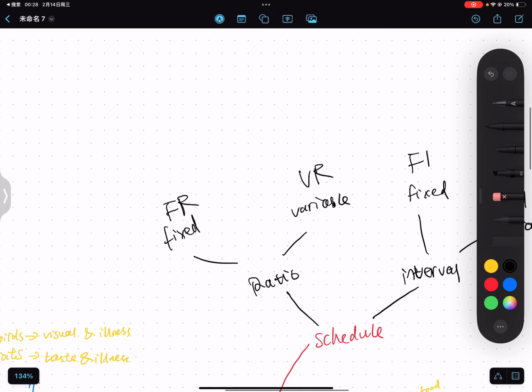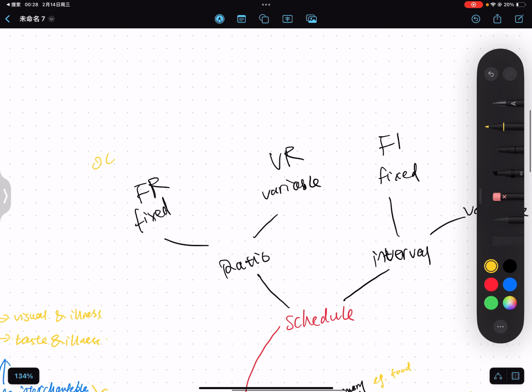First, we talk about the fixed ratio. This occurs after a set number of times. For example, a worker does 2-3 things, and then will get $1.